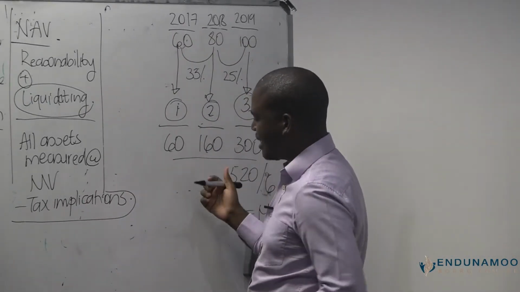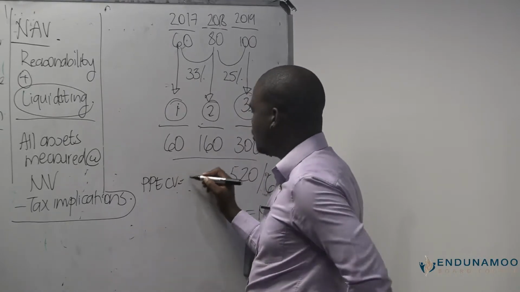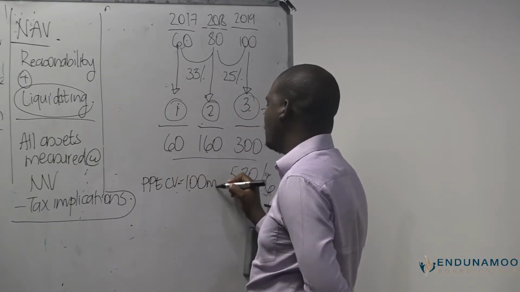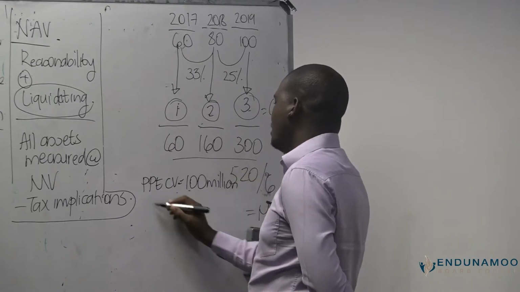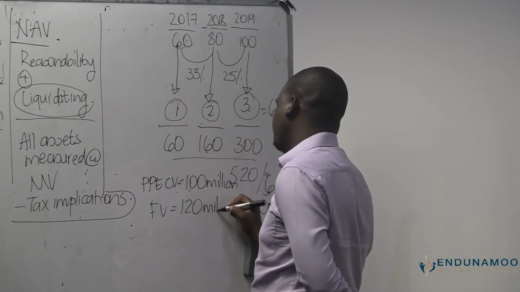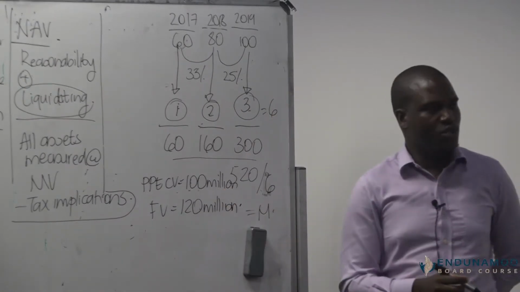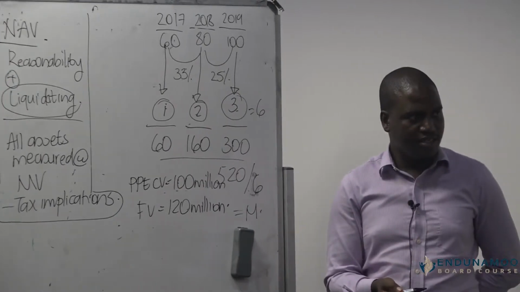So the reason I'm saying this is that they will say there's a company. The company has got PPE with a carrying amount of 100 million, right? Then the fair value of this PPE is 120 million. So that means this PPE will be sold at 120, right?